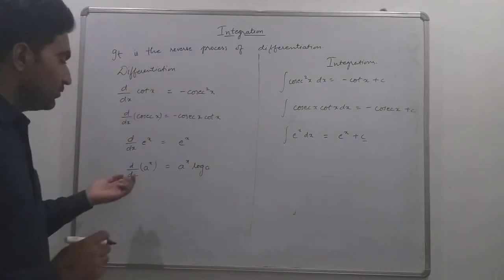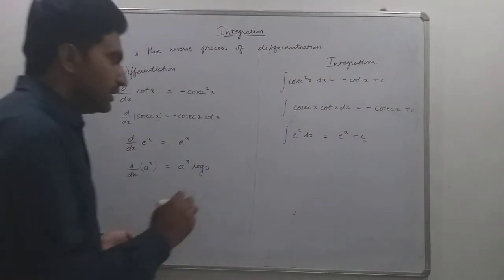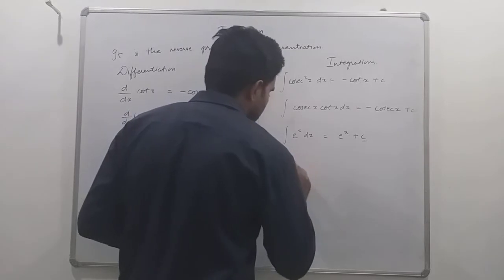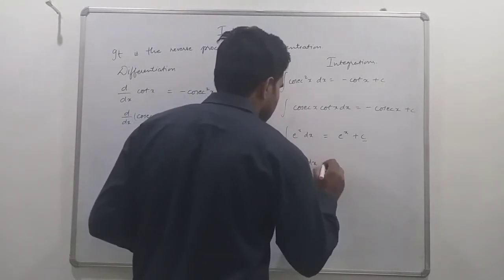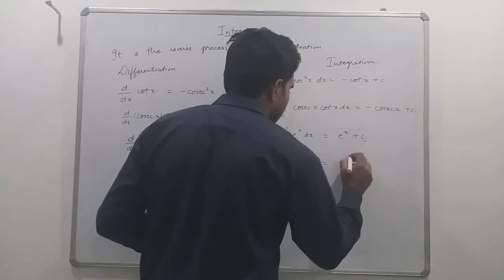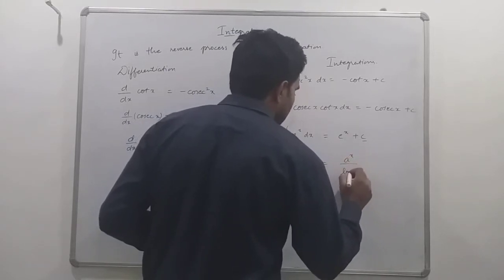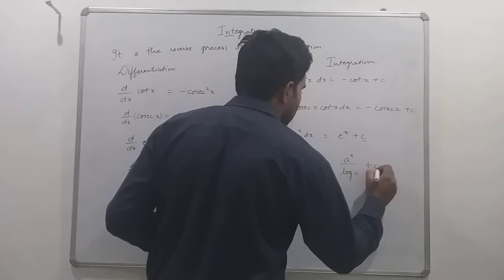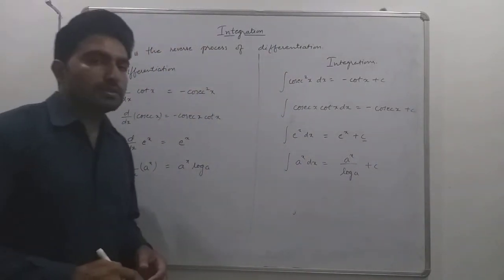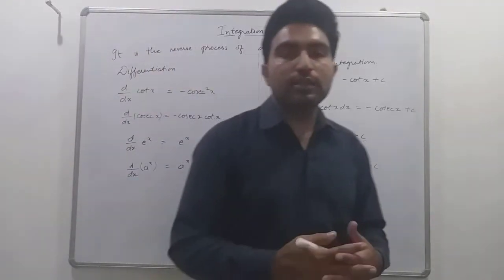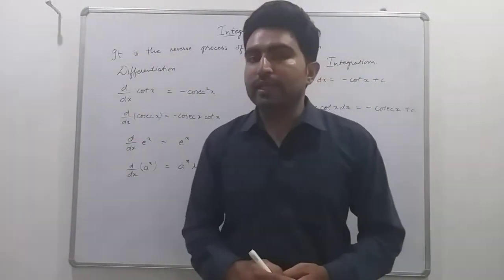If we have to integrate the same function, then it will be reverse like the previous ones. Integration of a raised to power x dx will be equal to a raised to power x divided by log of a plus c. These are the formulas that we have to use while doing integration and differentiation.